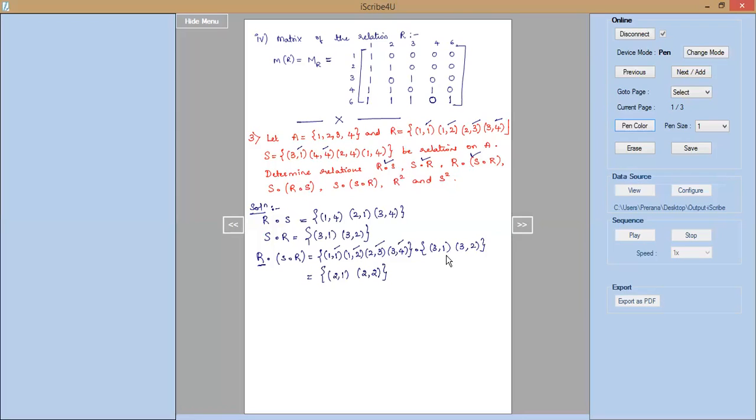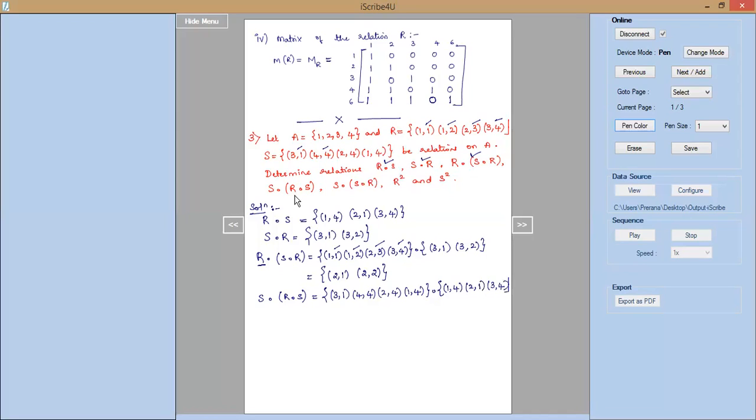The fourth one that we have to find out is S composition R composition S. First we will write down the relation S. Relation S consists of (3,1),(4,4),(2,4),(1,4). Composition R composition S. R composition S has the elements (1,4),(2,1),(3,4).